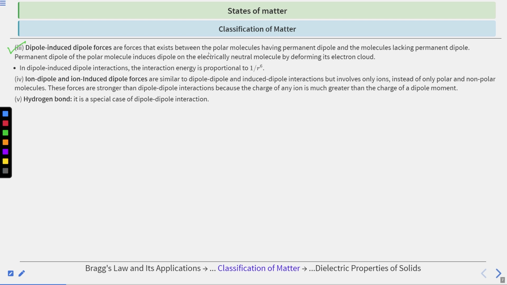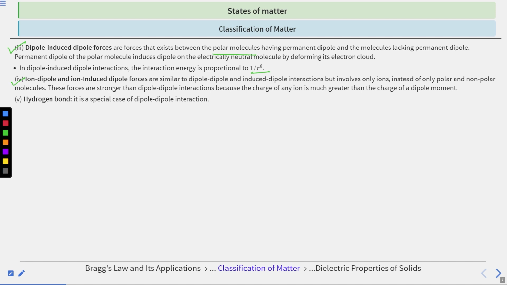The forces that exist between polar molecules having a permanent dipole and molecules lacking a permanent dipole. The permanent dipole of the polar molecule induces a dipole on the electrically neutral molecule by deforming its electron cloud. In dipole-induced dipole interactions, the interaction energy is proportional to 1/r^6.